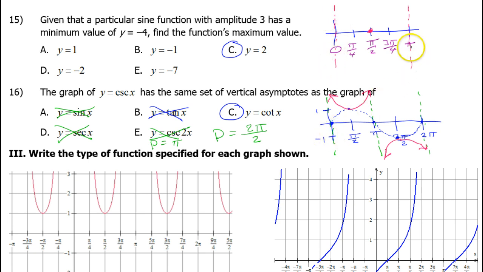We have an asymptote at pi. This has an asymptote at pi. And look, the period is pi. So if I go another pi, I'm going to have another asymptote. So if I go 2 pi, that's a full period. So of course I'm going to have another asymptote at 2 pi. So cotangent is the one that has the asymptotes in all the right places. So the answer is C.